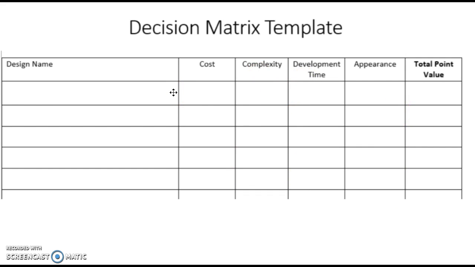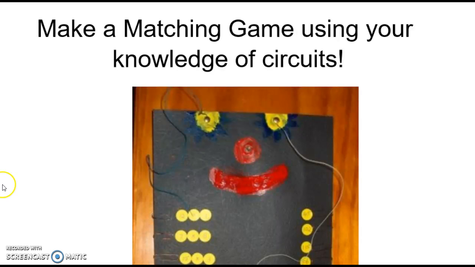Your table will come up with a total point value for each design, and the top design will actually be built. So you're kind of being challenged against your tables. So make sure you put forth really good designs so that maybe you can see your idea become an actual product.